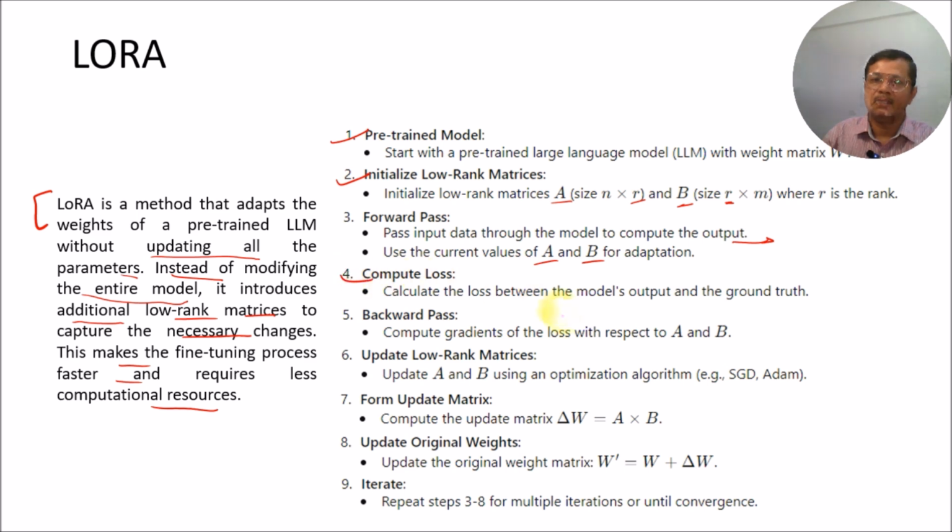We can compute the loss, and after that in the backward pass we compute the gradient of loss with respect to A and B both. Means in the calculation of loss we will take the derivatives with respect to A and B both. And after that we will update the low rank matrices. Means we will update A and B by using an optimization algorithm like stochastic gradient descent or Adam.